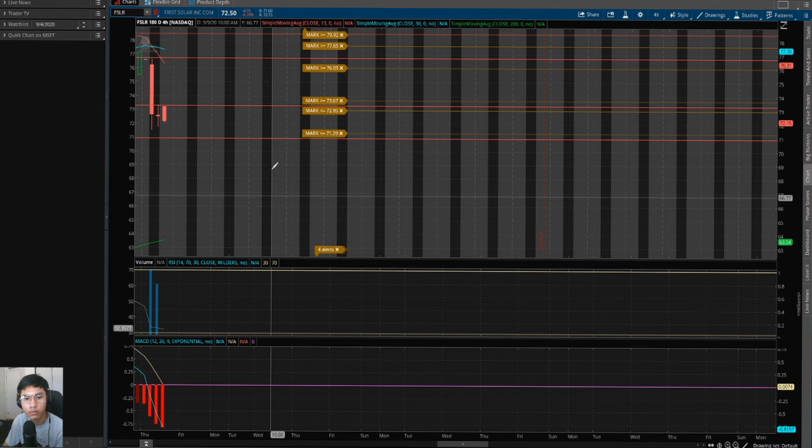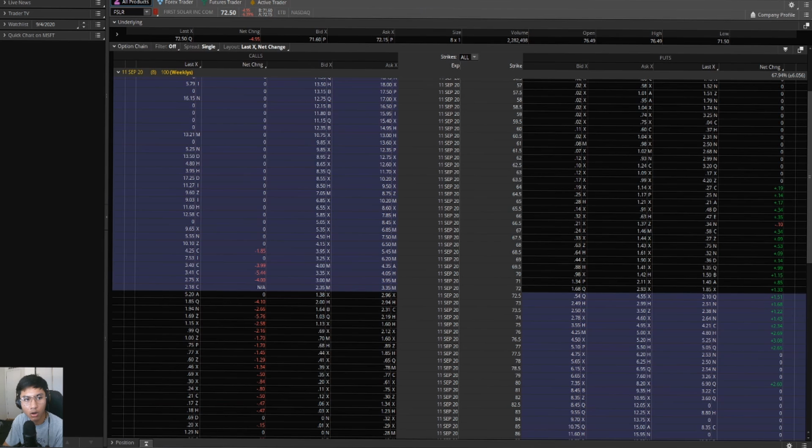So tomorrow, if the stock moves above 73.67, I'm looking to buy call options for the second one. Now I know this contract: the strike price is 71, and the expiration date is next week.